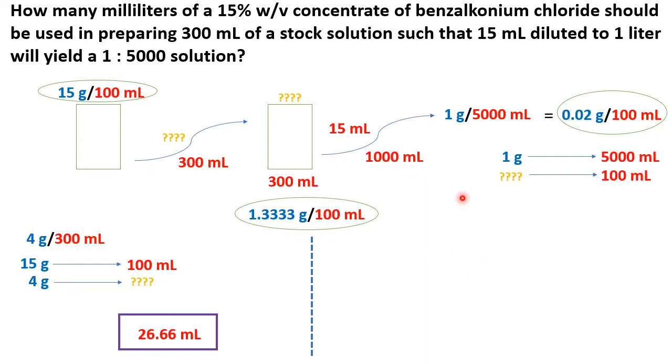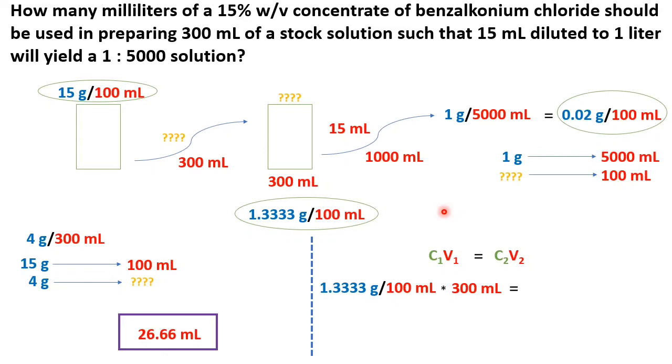To make it easy, we can use the equation C1V1 equals C2V2. C is concentration and V is volume. So we multiply the concentration times the volume, and it's equal to the second concentration times the second volume. Okay, so first the concentration is 1.3 grams per 100 milliliters, and the volume of it is 300 milliliters.